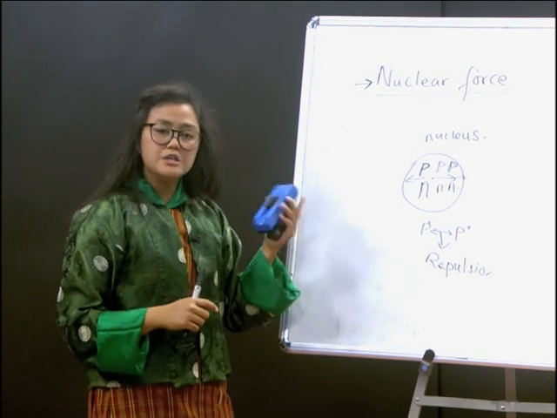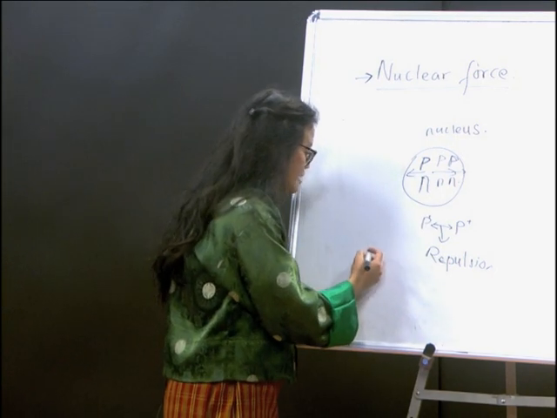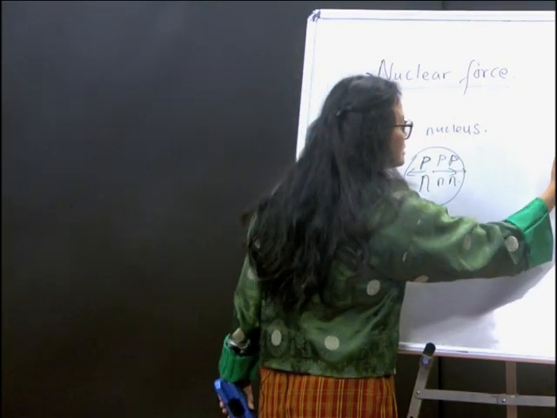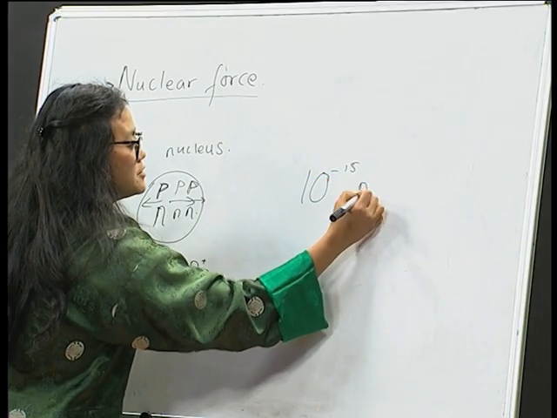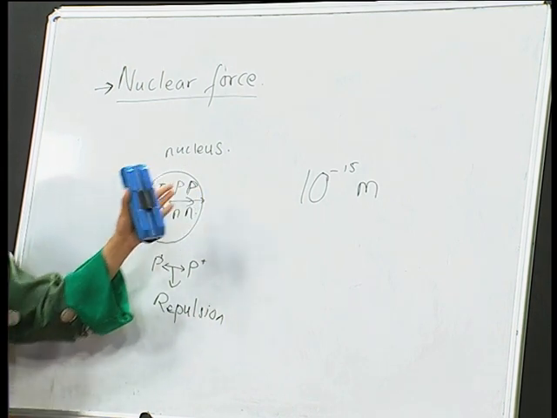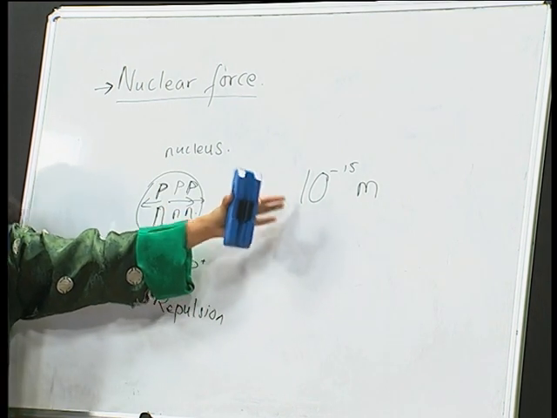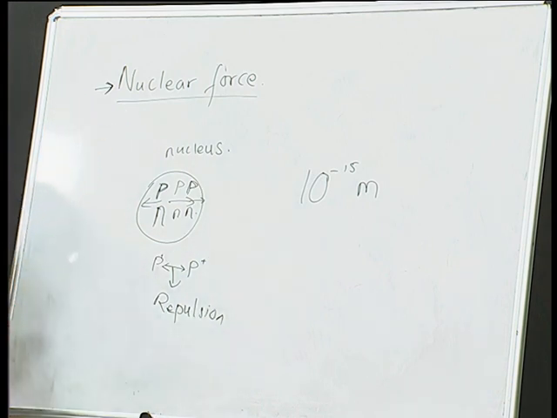Now the problem with nuclear force is it is limited to a certain distance. So the distance it can work is 10 to the power minus 15 meter. As long as the size of the nucleus is this much, yes, nuclear force will be very strong, holding all the particles together.